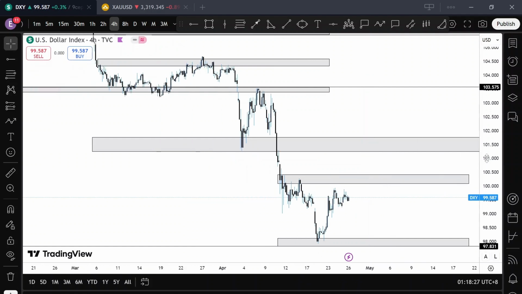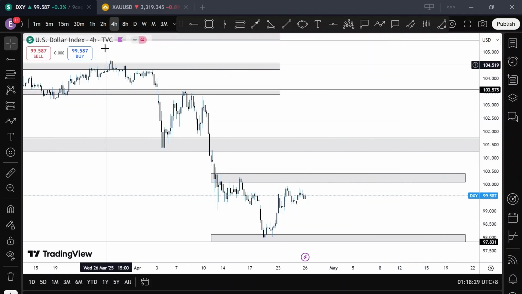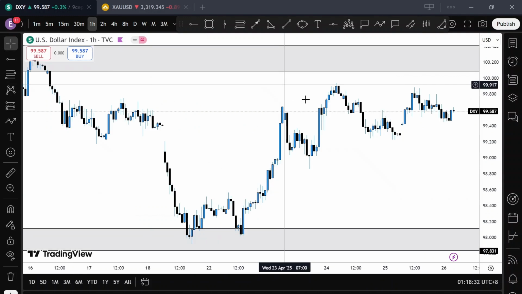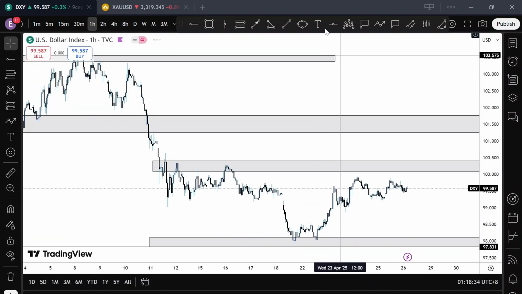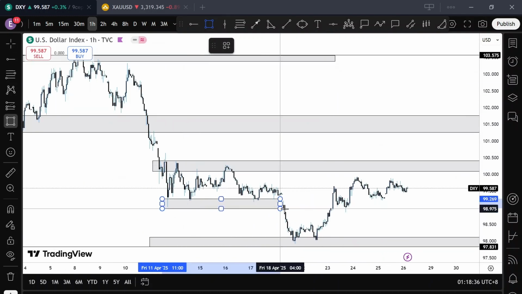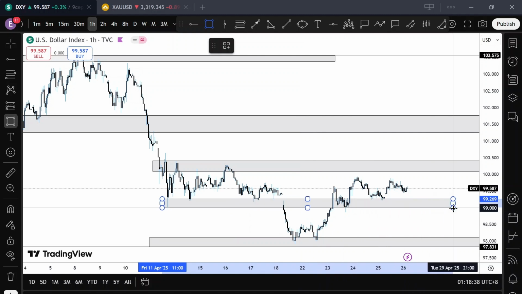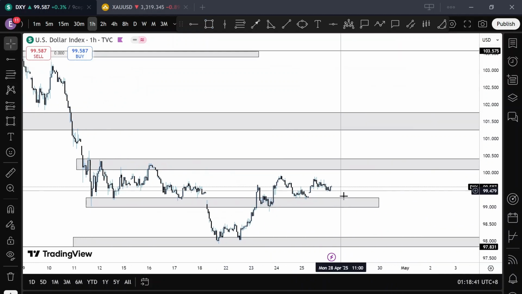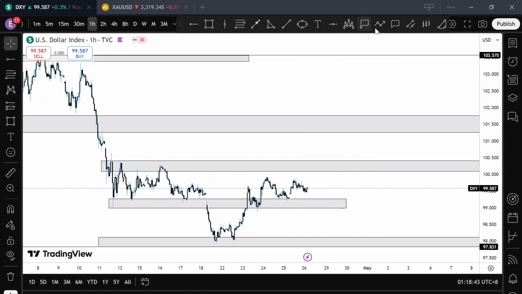And lastly, for our confluence here, if I slide onto the 1 hour time frame, we might want to take note of a level here that has previously been respected, the support level. So what I'll be looking out for a bullish DXY is when price breaks above these regions here, and we might start to get in for a buy here.